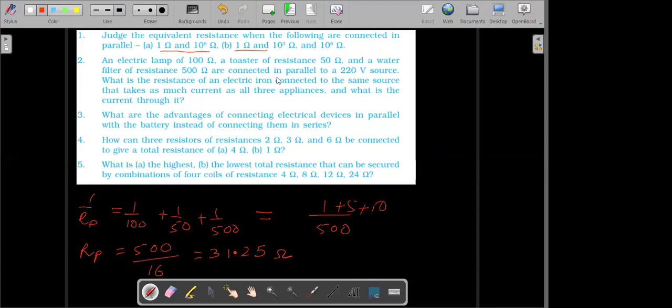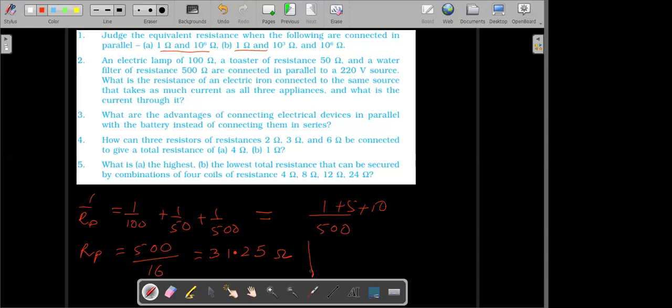Is it 7? I think it is V, that is 220 volt divided by 500, multiplied by 0.142 ampere. It is 0.142 ampere. No.